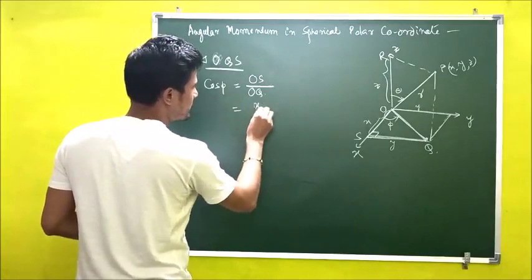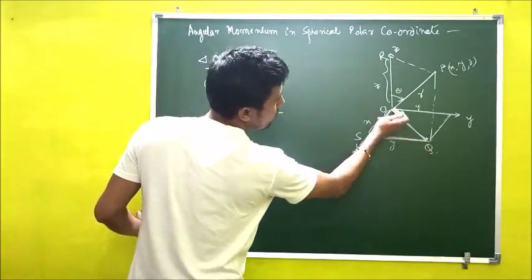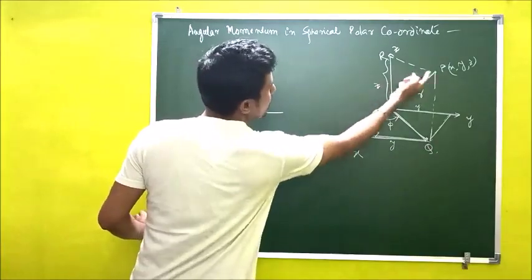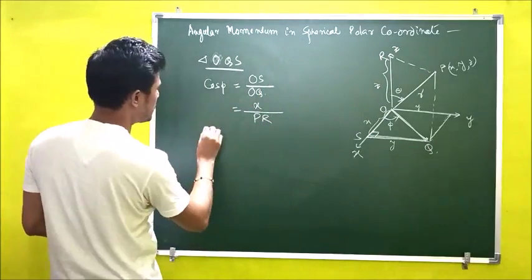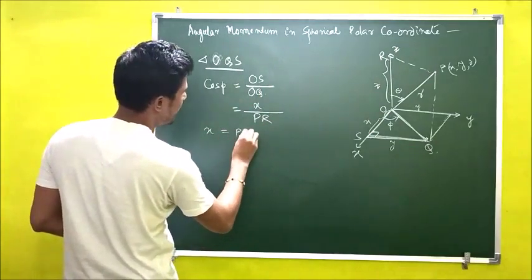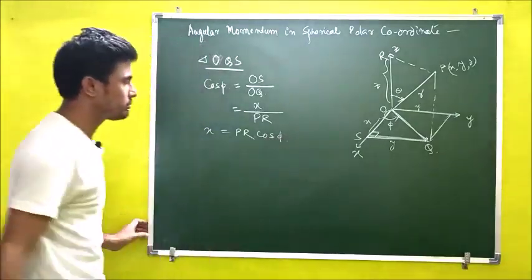OS is x, and OQ is equal to PR. So x equals PR into cos of phi.